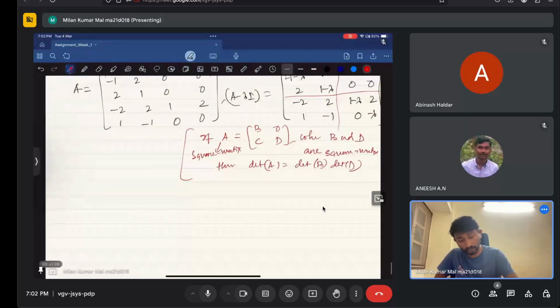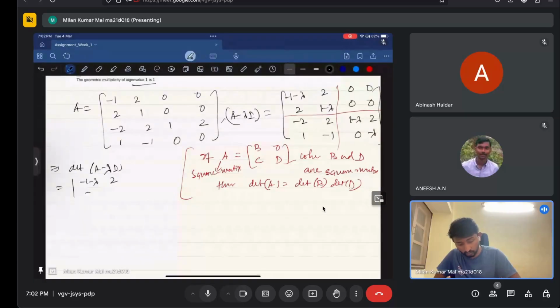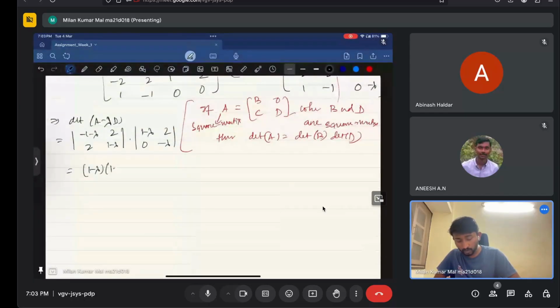So therefore, using this fact, the determinant of A minus lambda I is equal to the determinant of minus 1 minus lambda, 2, 2, 1 minus lambda, times the determinant of 1 minus lambda, 2, 0, minus lambda. That is nothing but 1 minus lambda times 1 plus lambda minus 4, times minus lambda times 1 minus lambda.